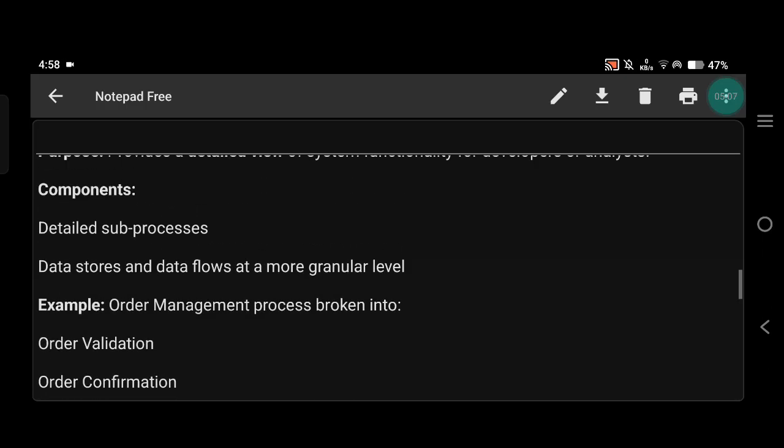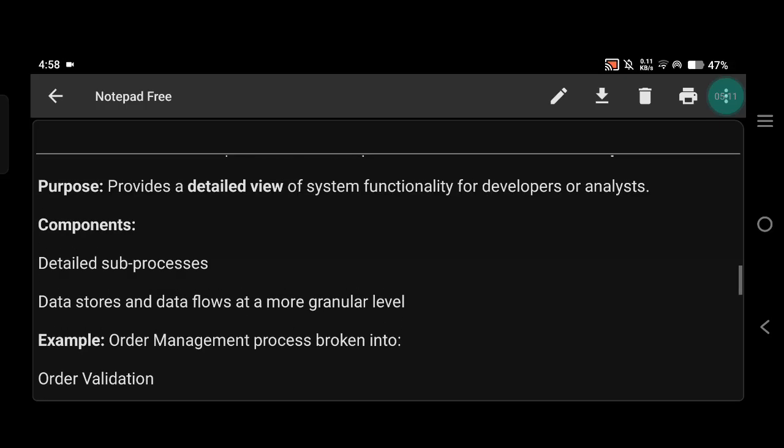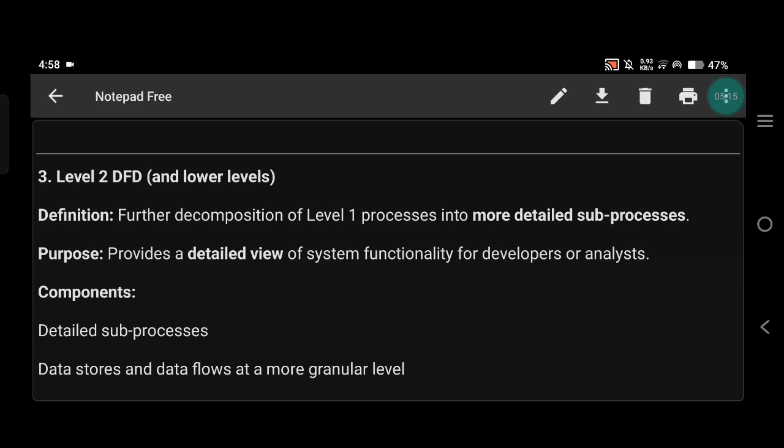See, level 2 DFD. We have level 2 DFD and lower levels, meaning each level 1 function is now broken into smaller steps.